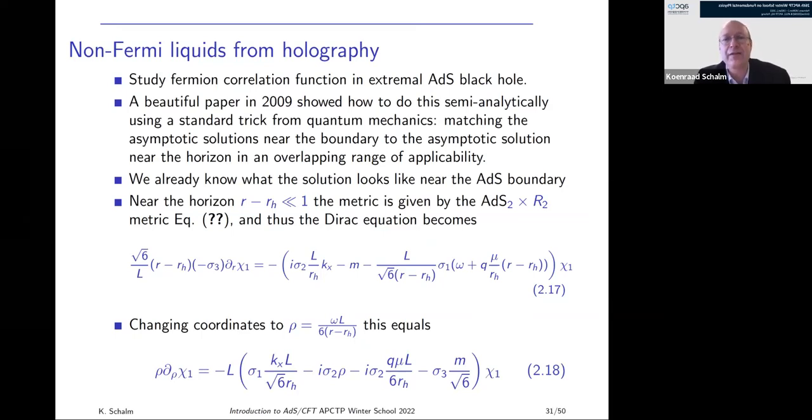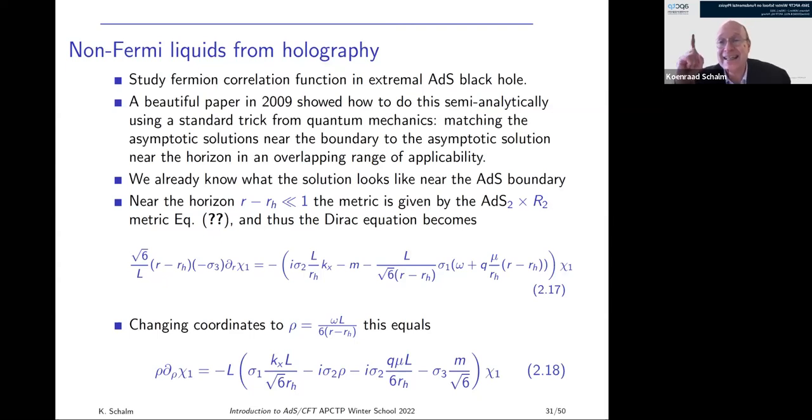Now, before, for instance, the conductivity in this object we computed numerically, but there was a beautiful paper in 2009 by Faulkner and collaborators who showed how to do this semi-analytically. And they did this using a standard trick from quantum mechanics. You match asymptotic solutions.